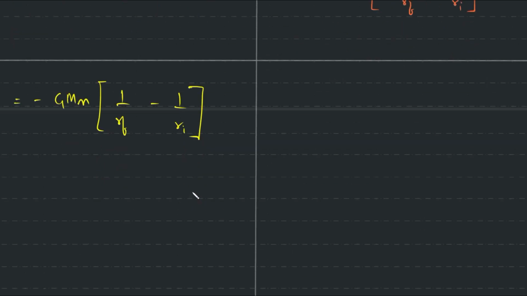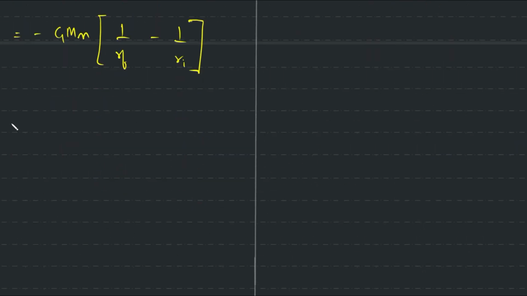Now this is the work done. So next we will talk about the potential difference between A and B, which is given by the work done from A to B divided by the mass. That is the work done in moving a unit mass from point A to point B. That is the potential difference between A and B. That's the very definition. So basically the same expression as above, just that we are removing the small m.